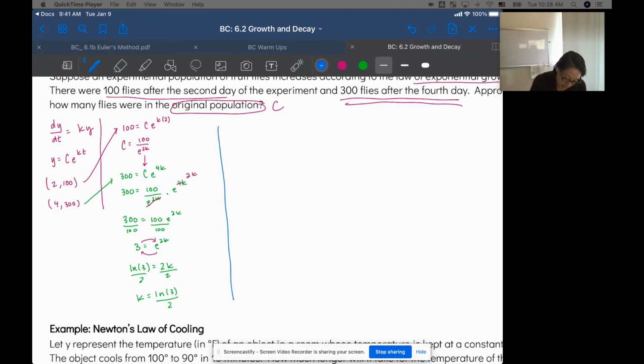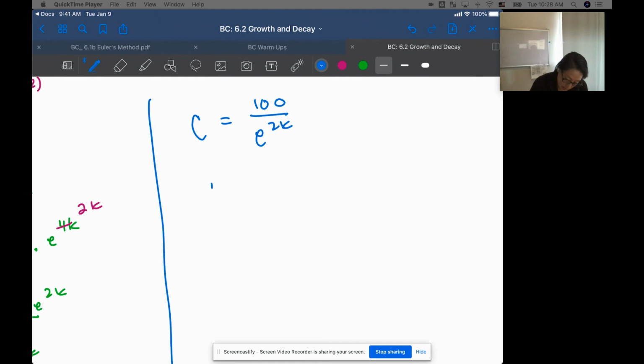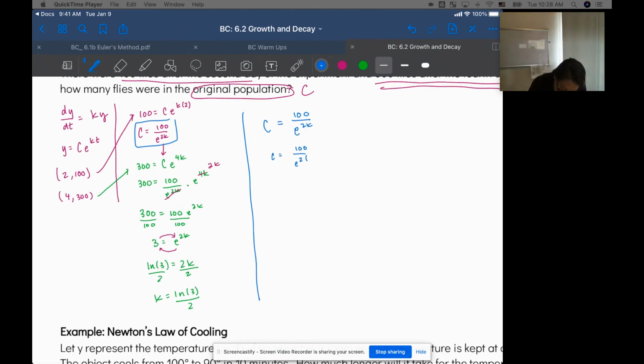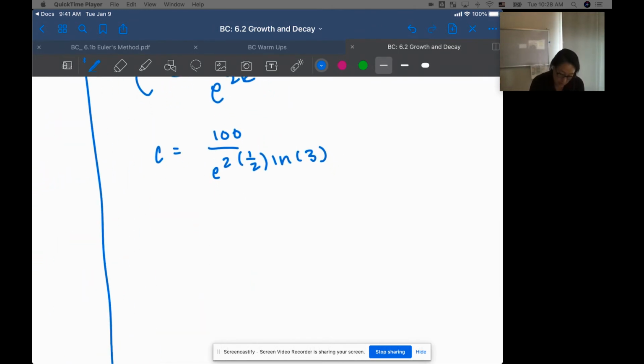So I'm going to use this calculation right here since I already know the calculation to solve for C. And so I just need to plug in a value for k. So I get C is equal to 100 over e to the 2 times, let's say 1/2 times the ln of 3. I think that'll be easier. 1/2 times the ln of 3.